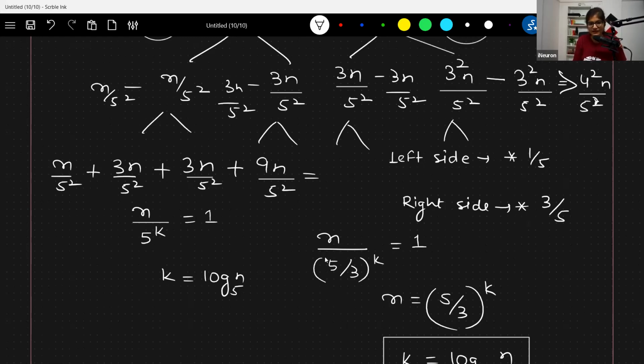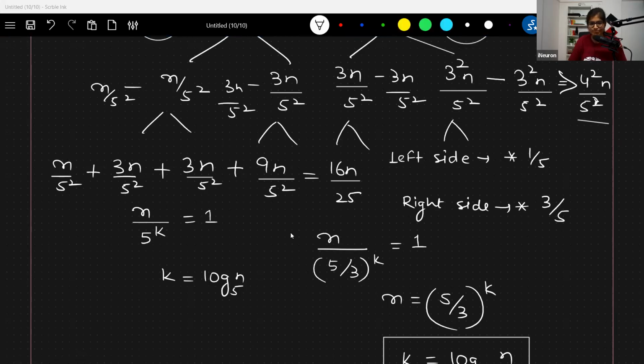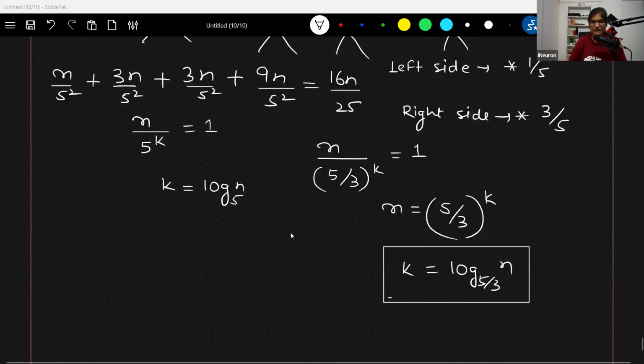Just add it. 9 plus 3, 12. 12 plus 3, 15. 15 plus 1, 16. So 16n/25, which I can write as 4 squared n/5 squared. Can I say? Perfect. Okay.